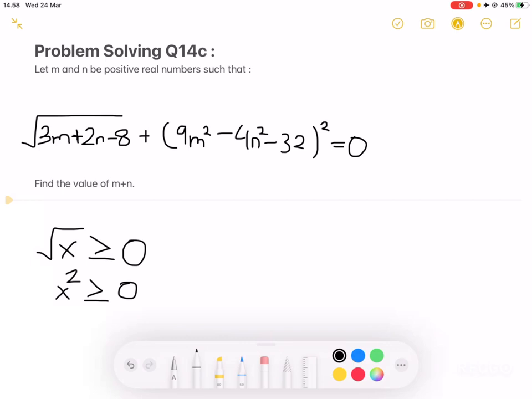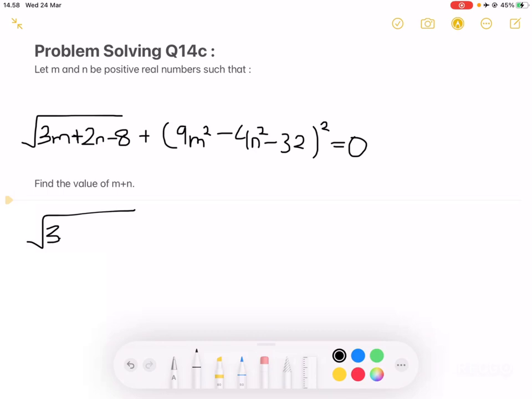However, notice, if one of them is positive, then this will be greater than 0, and there's no way to change it back to 0 since there is no way for one of these to be negative. So that leaves us with only one case to consider, which is each term of this expression.